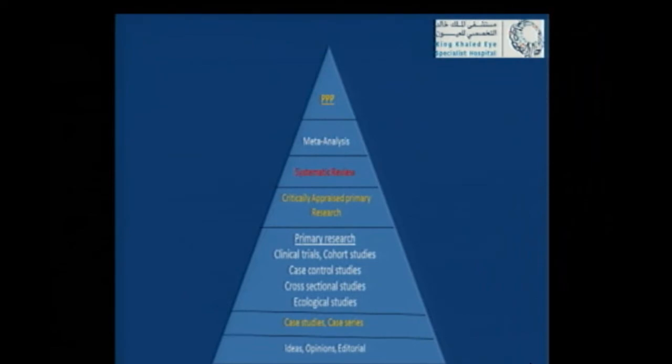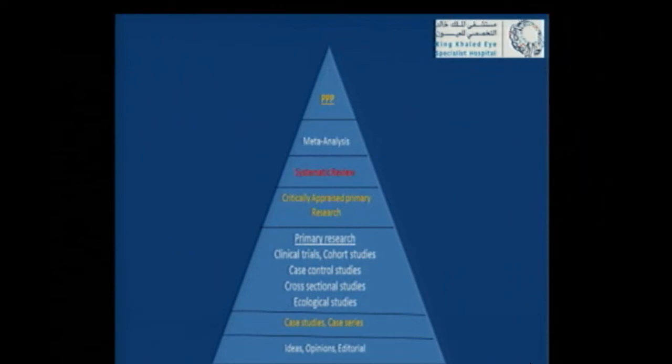But critically appraised primary research, meta-analysis, and reviews are much, much higher evidence. And finally, preferred practice pattern is the gold standard by which you can alter your practice, because it has been studied in depth by experts and then recommendations are given.